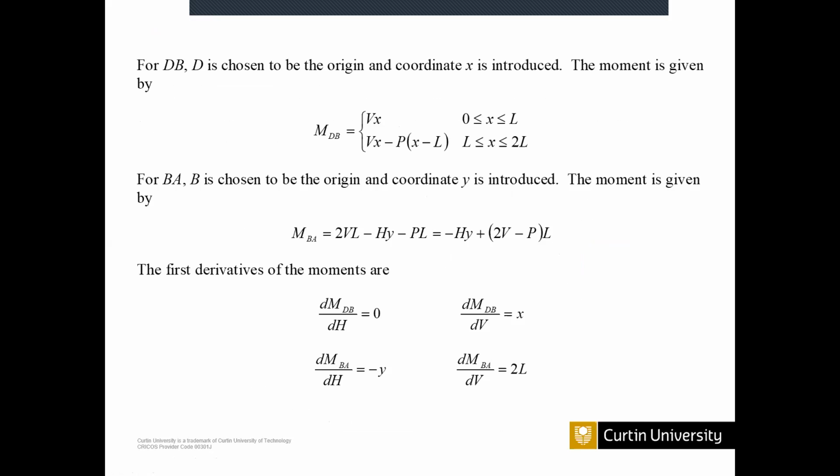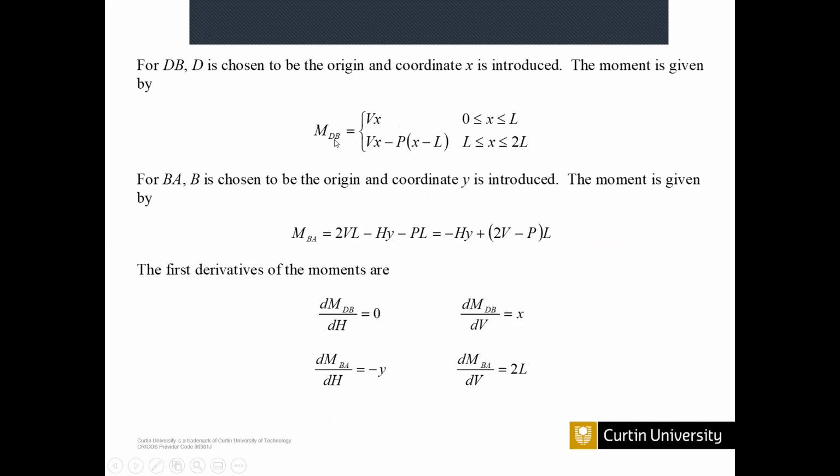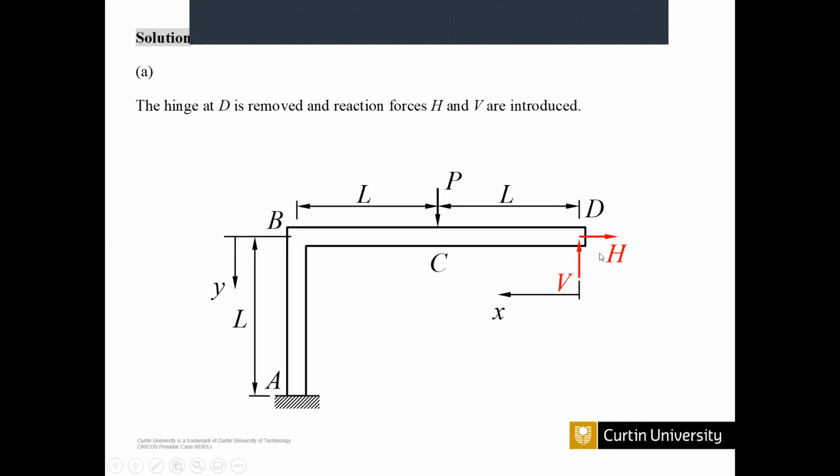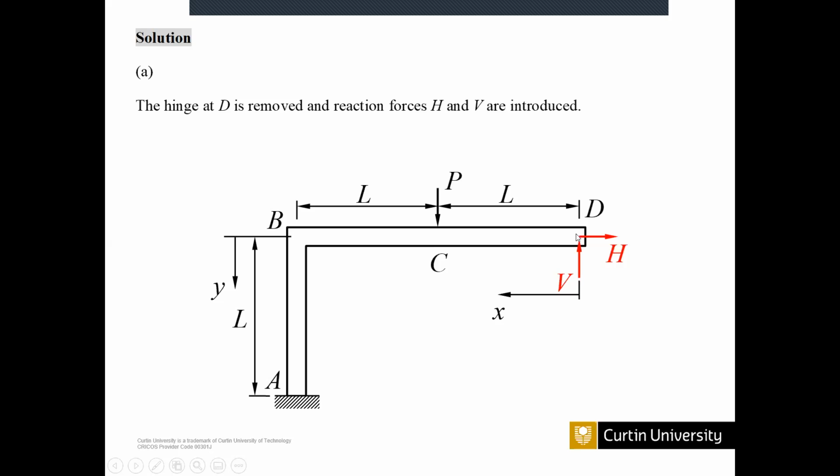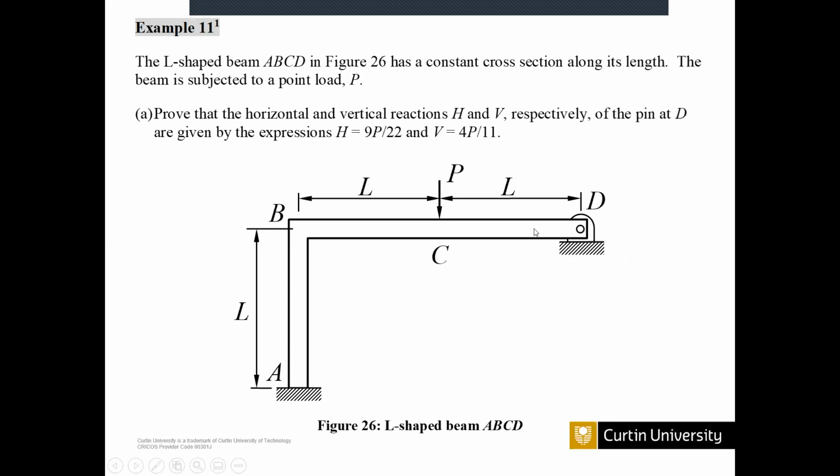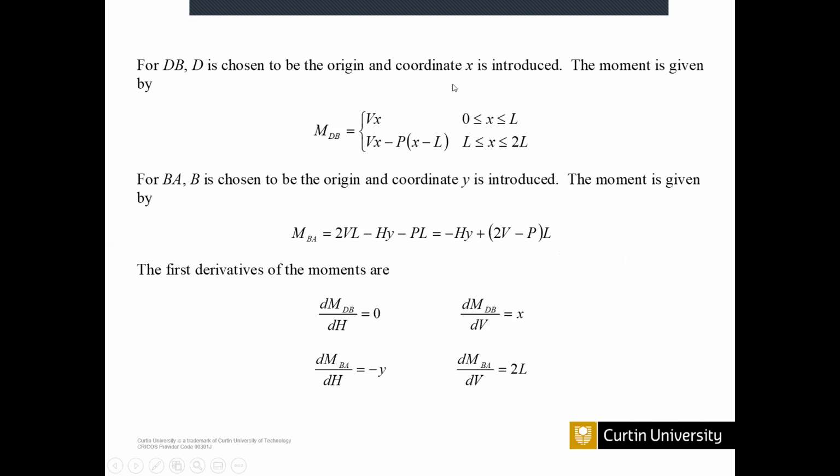Now the bending moment of DB. I told you they consider them separately, so you can consider this one separately and this one separately if you want. For DB, D is chosen to be the origin and coordinate x is introduced. The moment is given by the bending moment of the DB section, the horizontal part, so Vx.